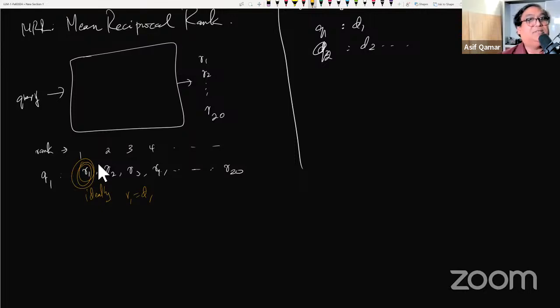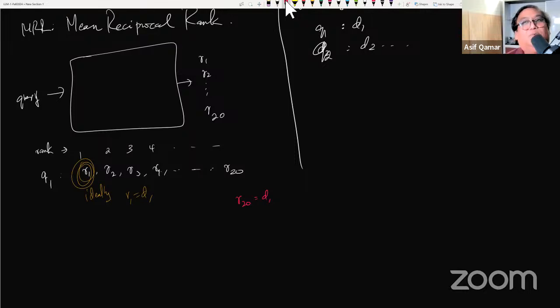Worst case situation, it's not even there, right? Or a bad situation is R20 is equal to D. So now let's convert this into something, a measure of goodness. So 20 is bad, 1 is good.